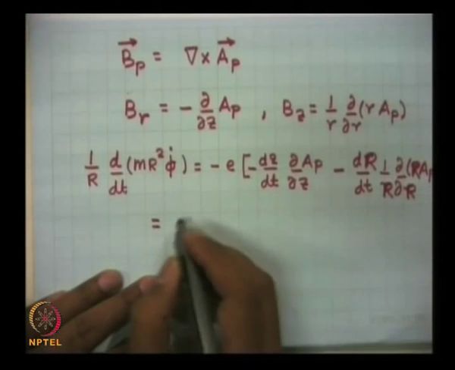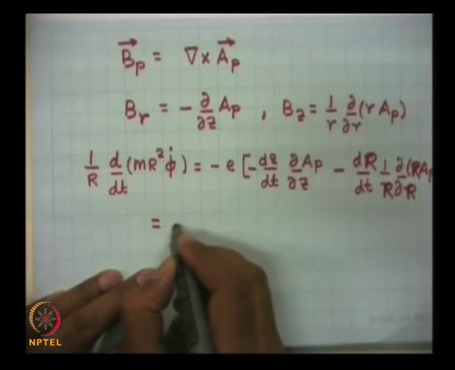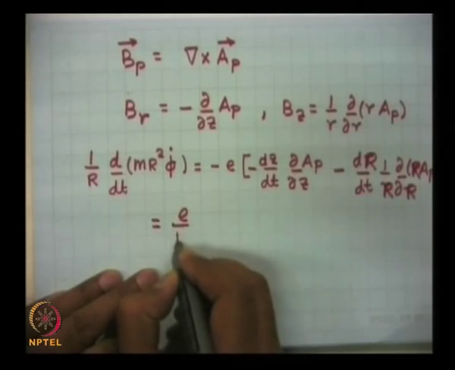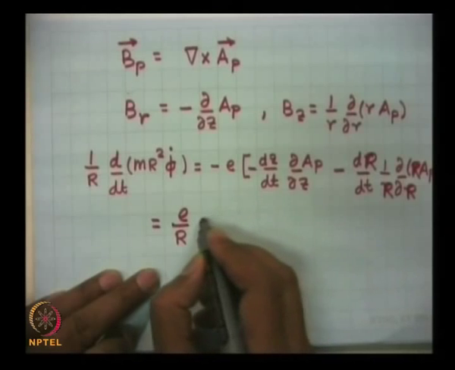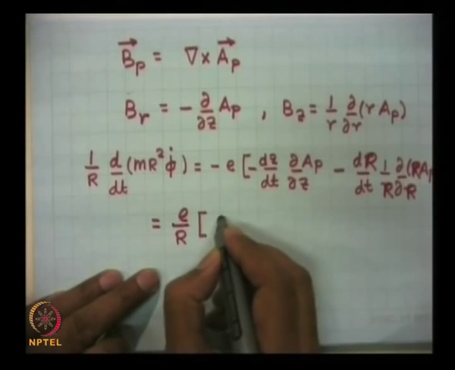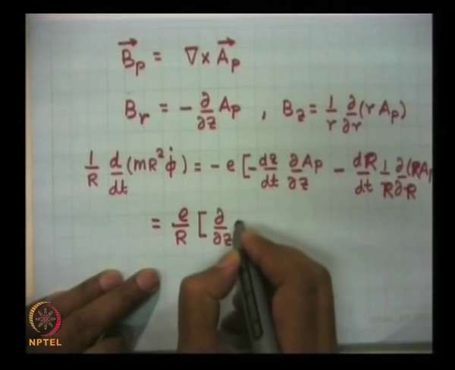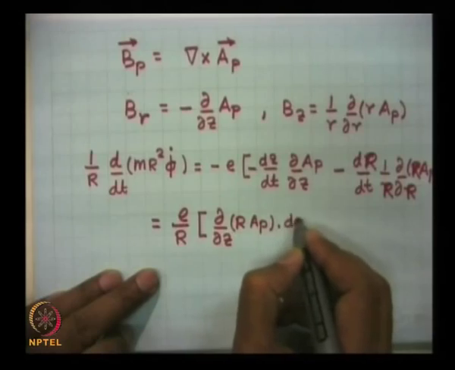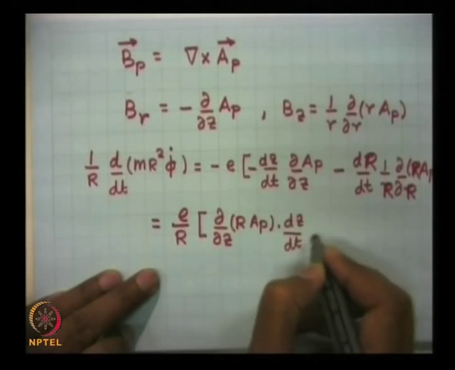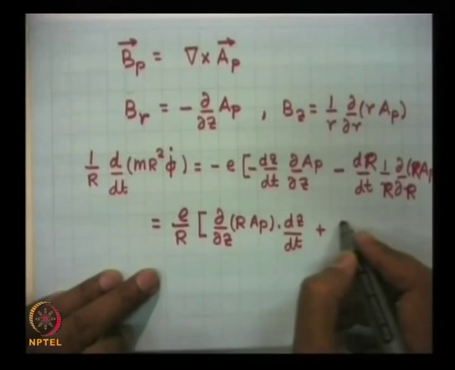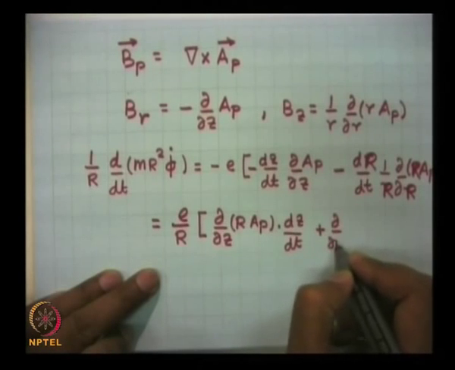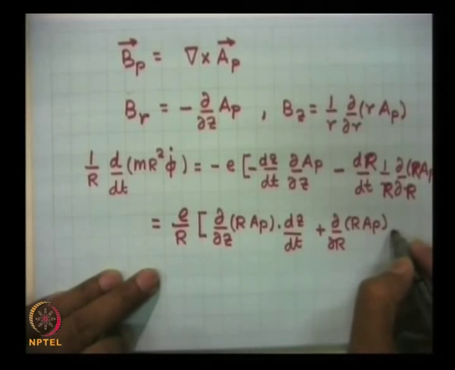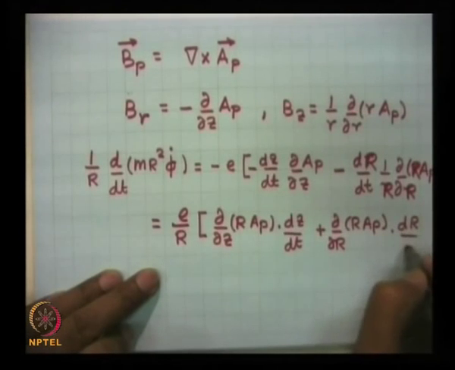If I do this and take common minus e, it becomes e upon capital R, and then this can be rewritten as delta by delta Z of R AP into dz by dt plus this term, which is delta by delta R of R AP into dr by dt.